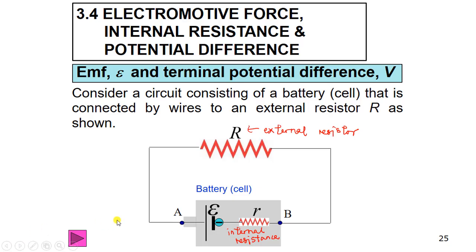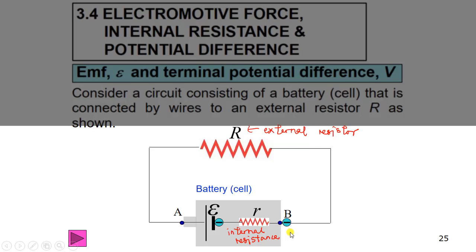Okay, so terminal potential difference means the work we do to bring a charge from the negative terminal of the battery, moving through the external resistance and then until the positive terminal of the battery.